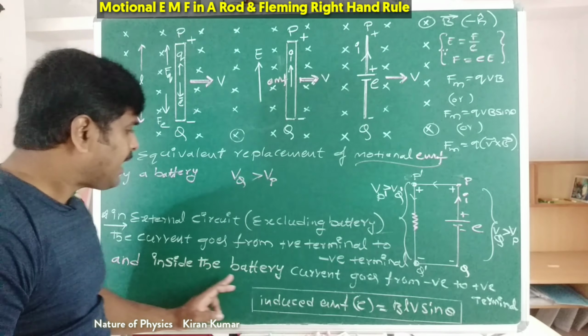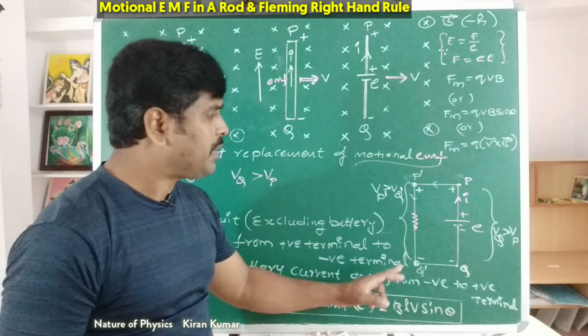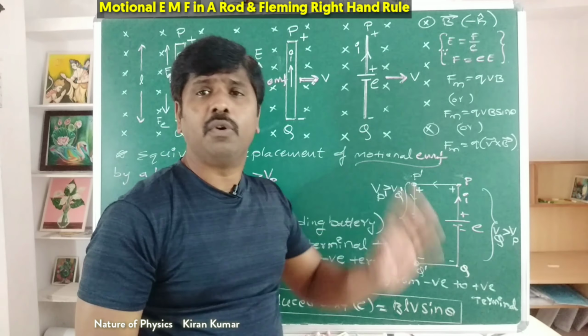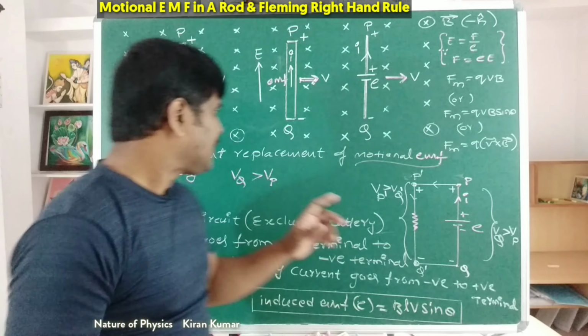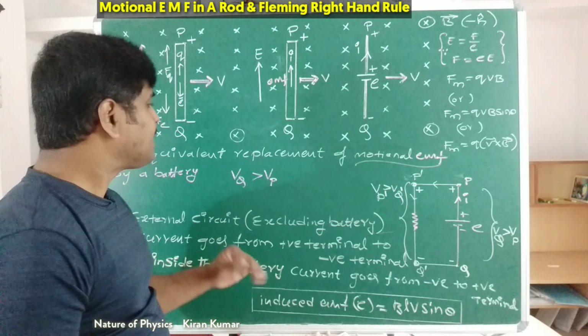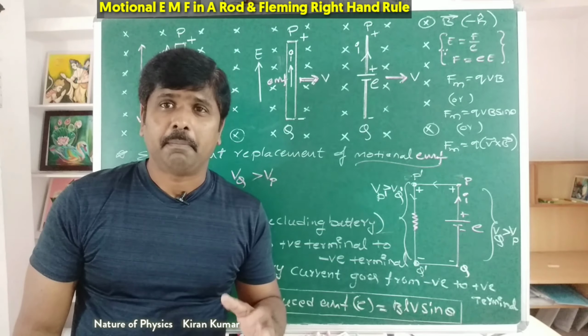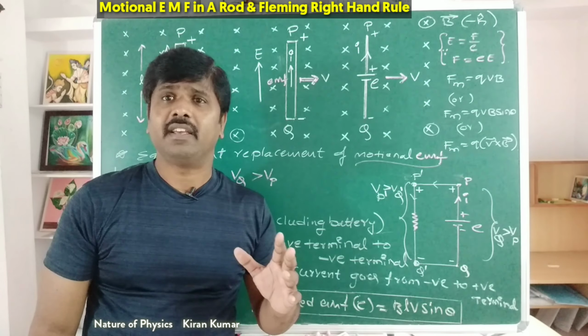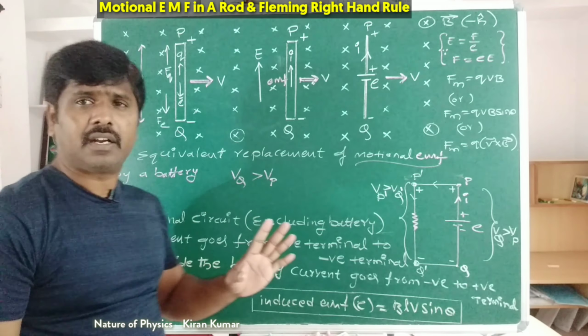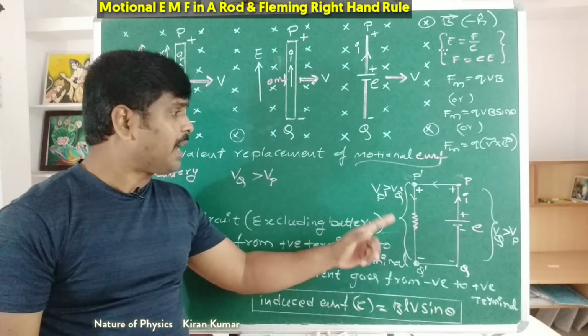But inside the battery, current goes from the negative terminal to the positive terminal. That's why VQ is taken greater than VP. Please try to understand why VQ is greater than VP. It is possible only in the battery.